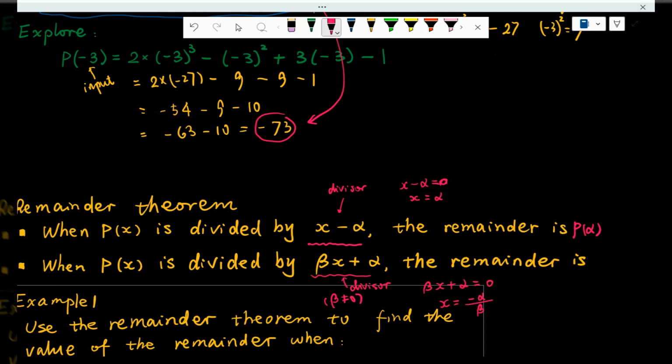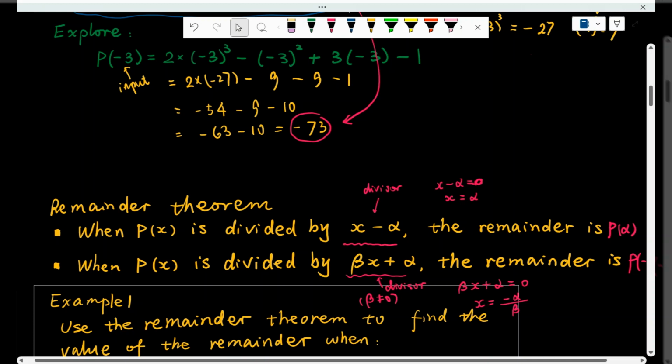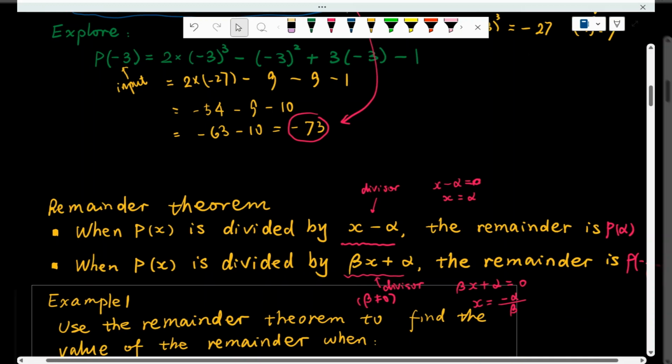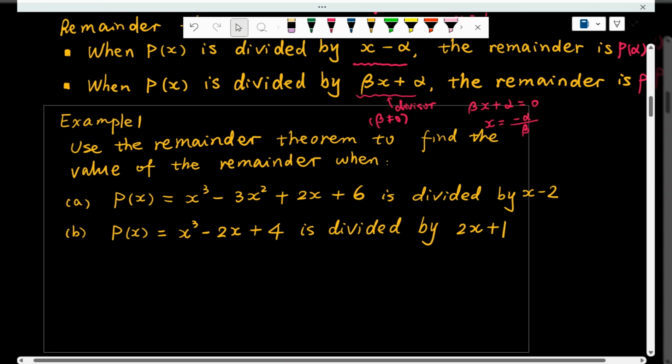Then the remainder can be calculated by using the polynomial. It is p of negative alpha over beta. So this result is called the remainder theorem. And we are going to use the result to solve one example.